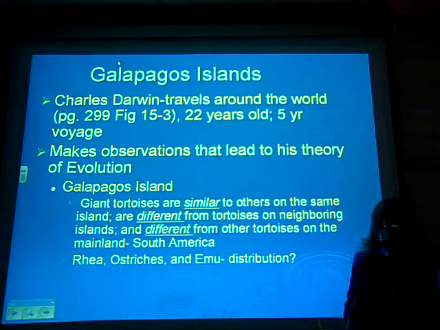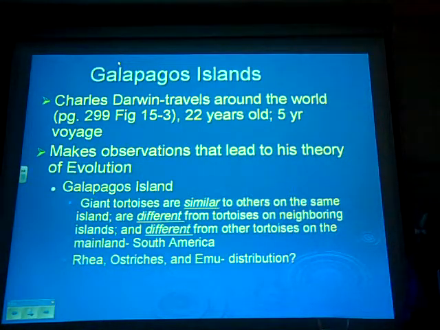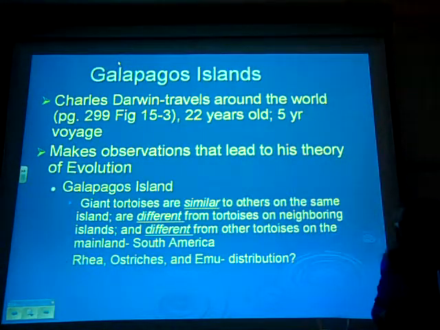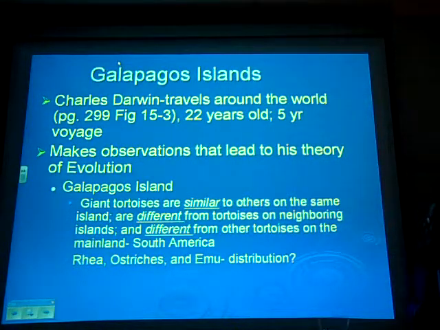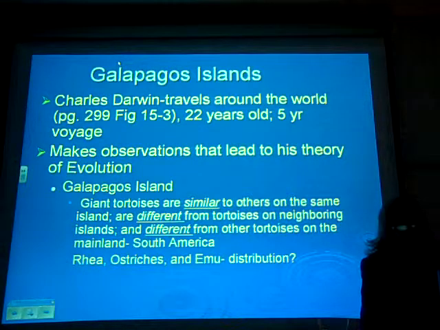All these observations really led to his theory, which today is the theory that we teach biology students because it's widely accepted, supported by much observation and testing of the hypotheses that he came up with.